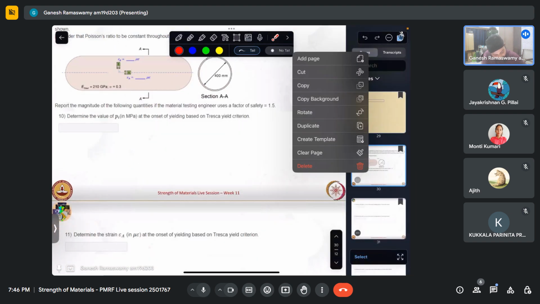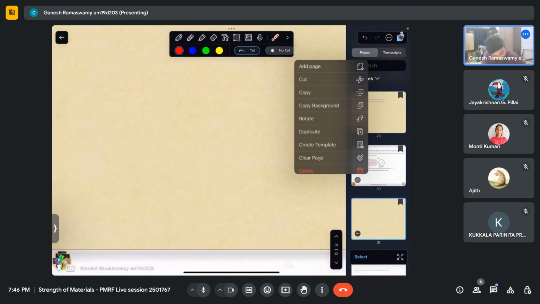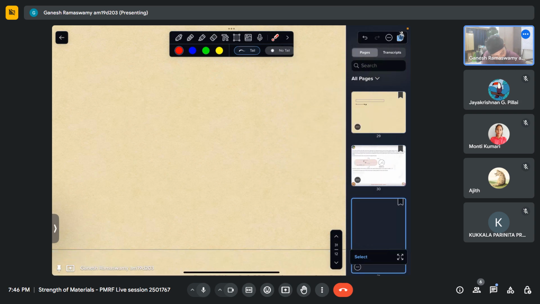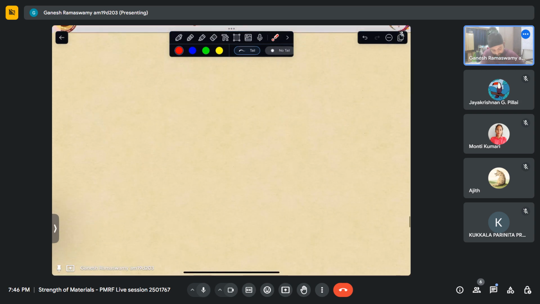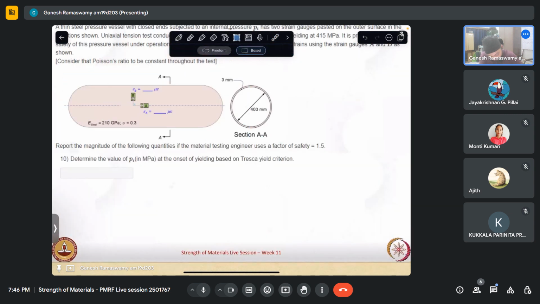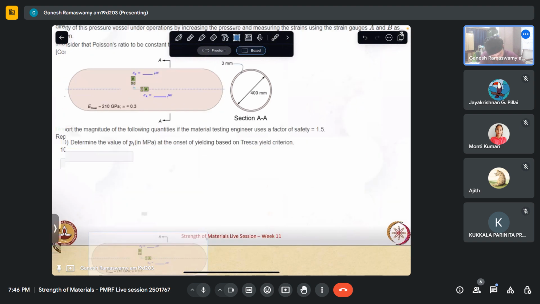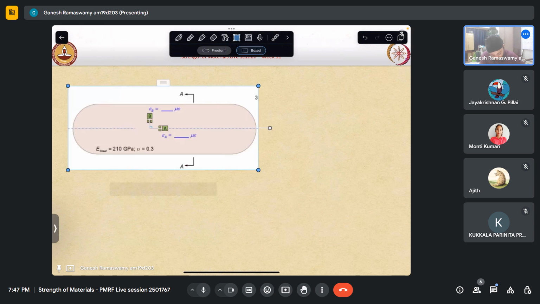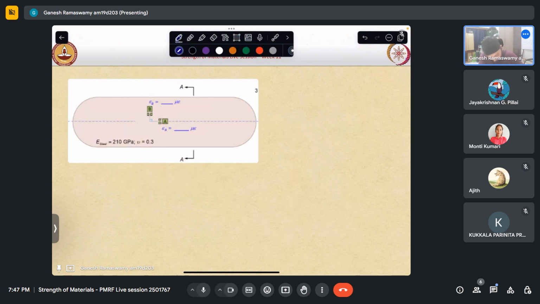So we know for this case, let this direction be the x direction and let this be the y direction.